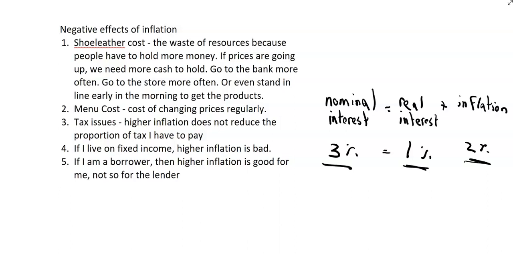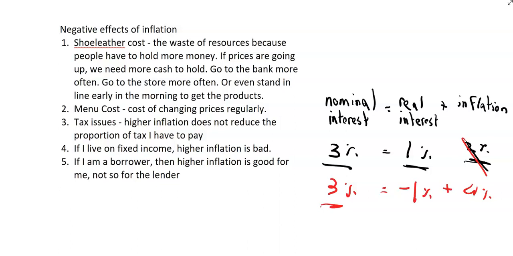Now, imagine inflation went up to 4%. So it just doubled. In that case, if I have a loan that's 10 years long or 20 years long, the nominal interest rate still remains at 3%. That does not change. But now my real interest rate has fallen to negative 1%.